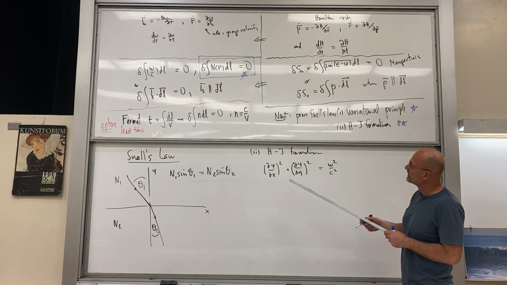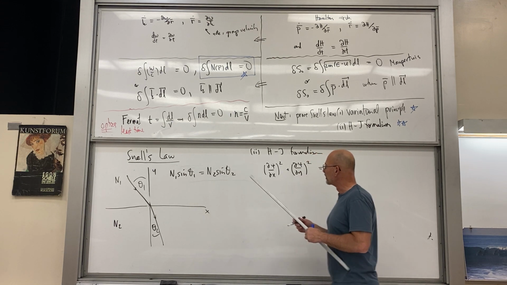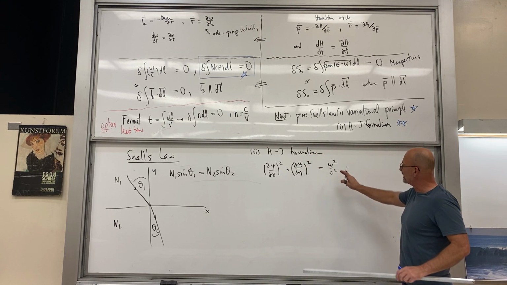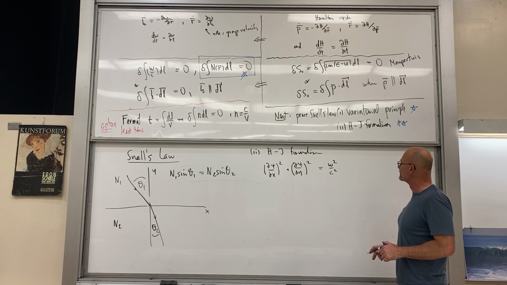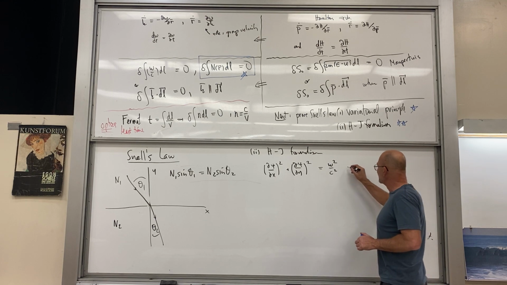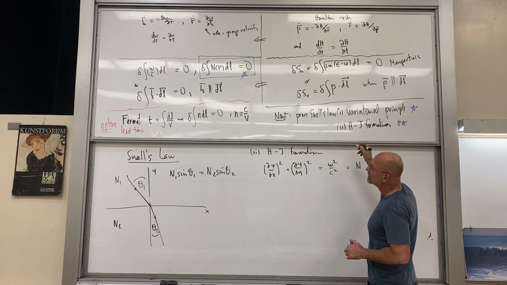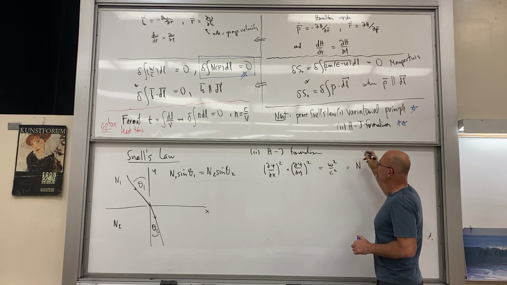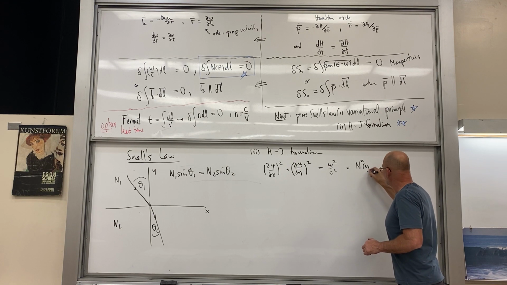Hope I didn't write it wrong before, check. And if we want, just as before, we can call that capital N if we want. And it's going to be a function of y. So that's what we start with. So this is capital N squared of y.